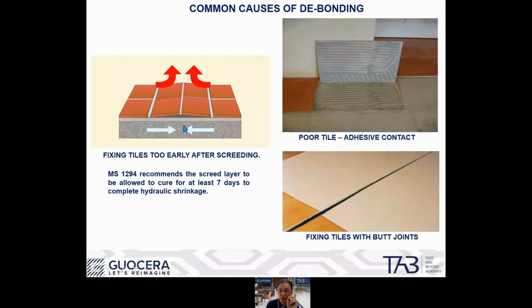Again, I do not know during the installation how fast the contractor installed the tiles. Could it be immediately after the screeding, or did he follow the recommended 7 days?